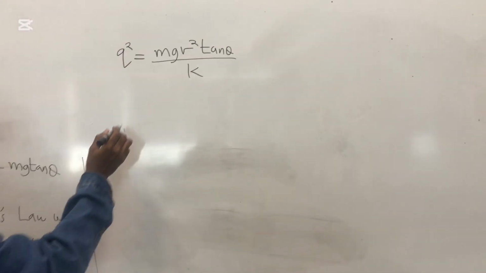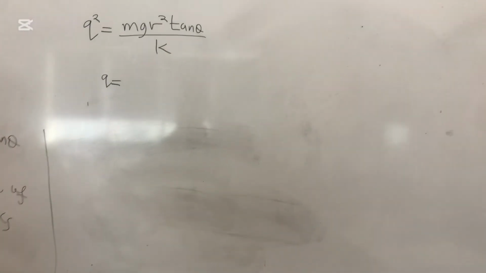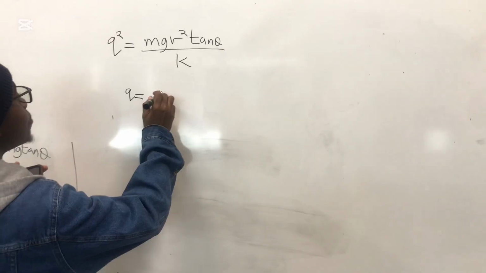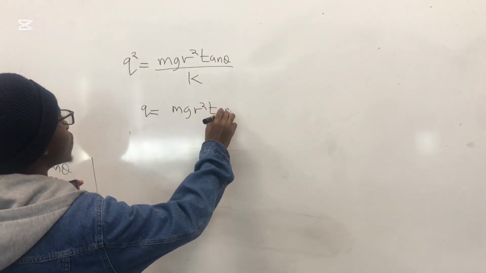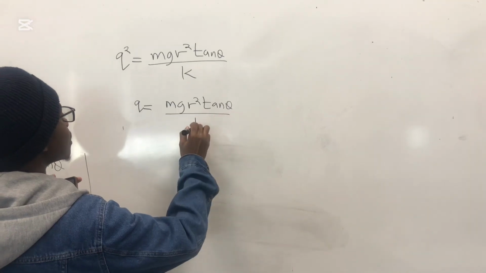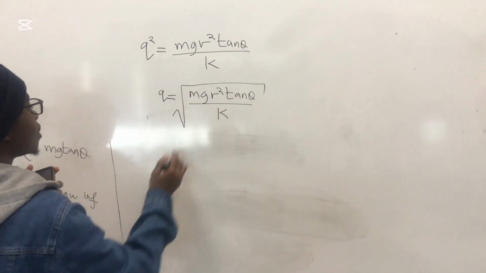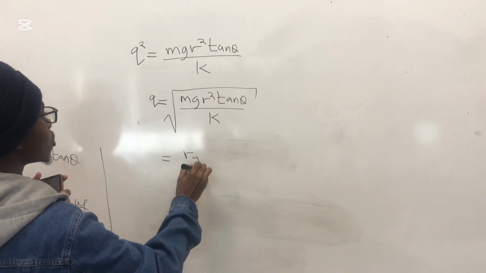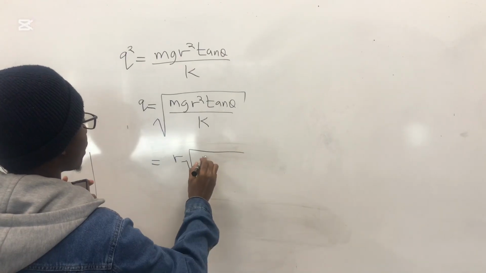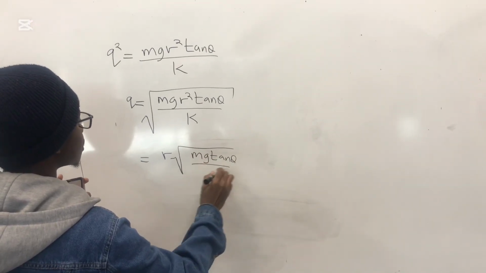If you want Q, Q will be equal to the square root of mg R square tan of angle theta divided by K. So from here, just mathematics, you can take this R out. So it will be R times the square root of mg tan of angle theta divided by K.